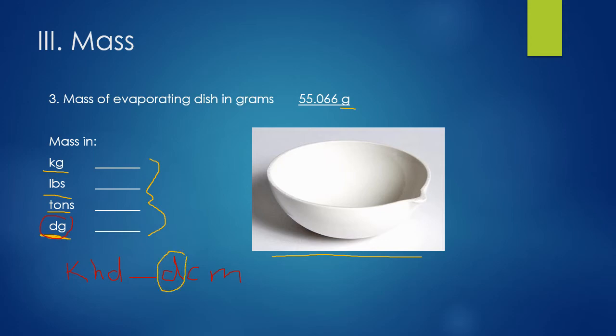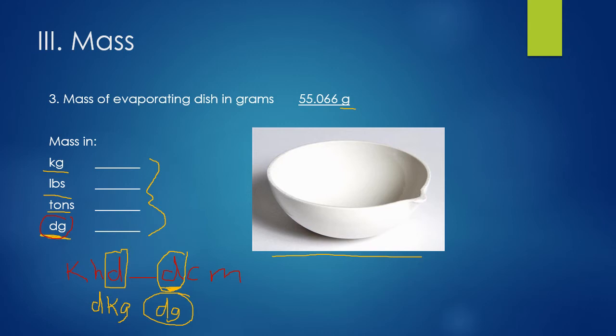The D over by the H, put a rectangle around that, that's deca. If you were to see the units for that, it would be DKG. Whereas this D over here by the centi is just DG, and that's the one we're looking for that last one.